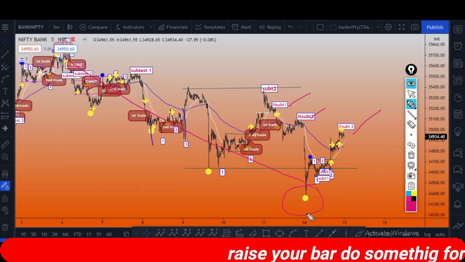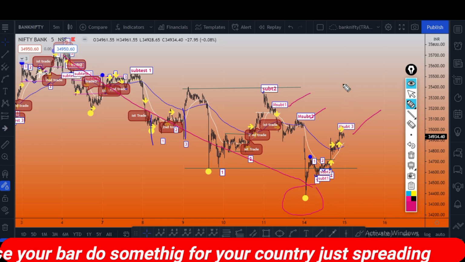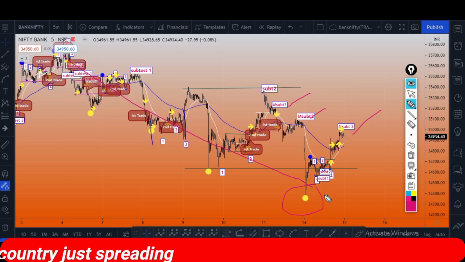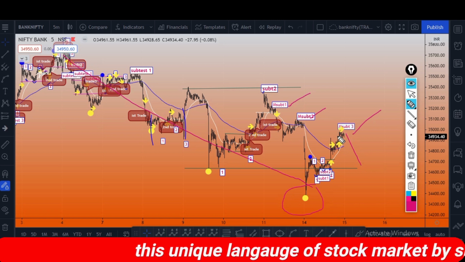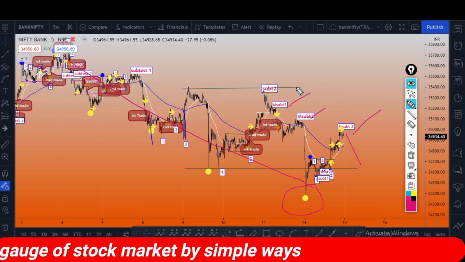So this might be a trend change point, and the numbering will also be changed. But I mark this number as a counter trend numbering.